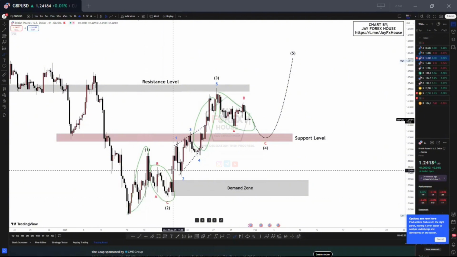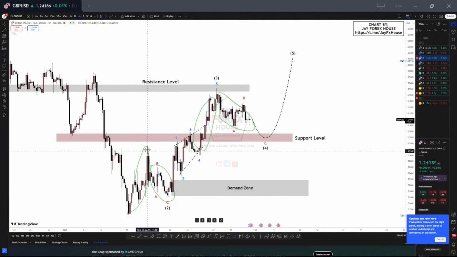If it's a corrective pattern, you're looking for it at the point of a retracement, because corrections happen as retracements, and impulse happens in the direction of the trend, sorry. With that understanding, you understand why I call this a 1, even though we can't clearly see the 1, 2, 3, 4, 5 pattern. But this is an impulsive move to the upside, so this will be identified as the 1.